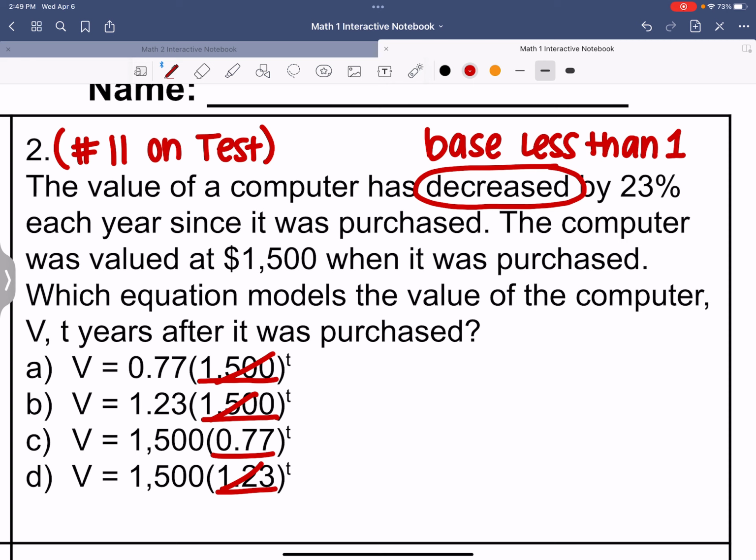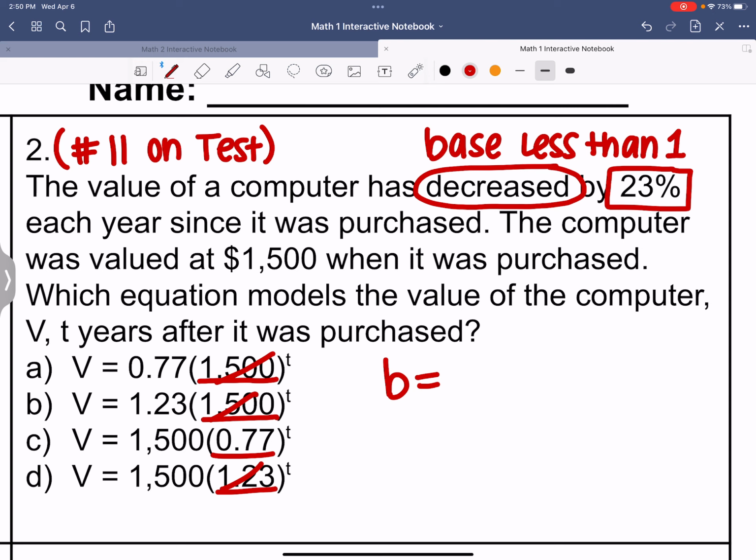So to find what that exact number needs to be, your base is how much less than 1 is that percentage. So if you have a growth or decay rate, you have to do something with it to get the base. So remember, our base is either 1 plus or 1 minus.